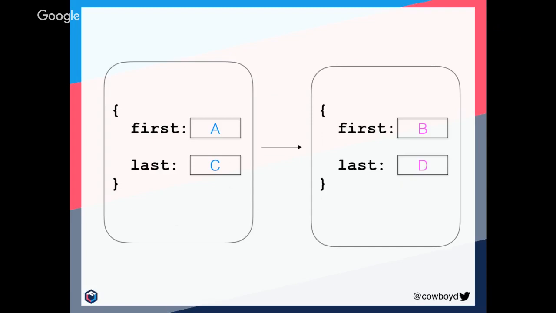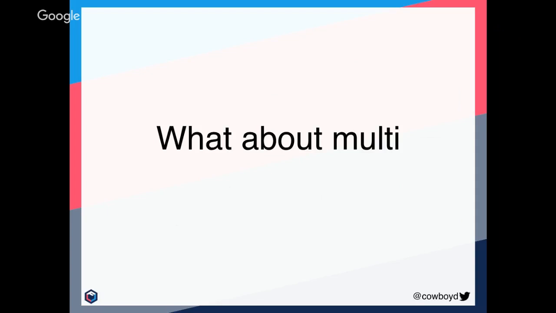Well, that's great, but what if we have a function that has multiple arguments? An example of this is addition, right? Capitalize takes one argument: I have an input string and an output string. But what if I have something like add?